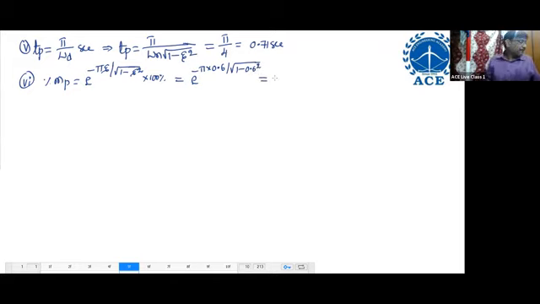Percentage of MP, how much? 9.478. Is it correct? Right. Not 94%, Guruji. 9.478, I think.